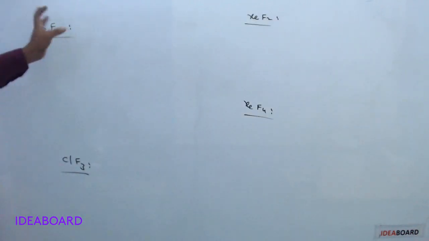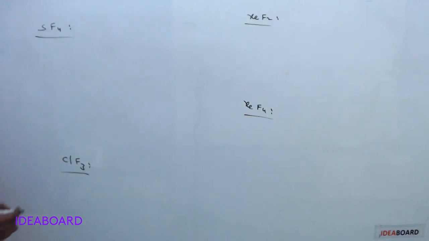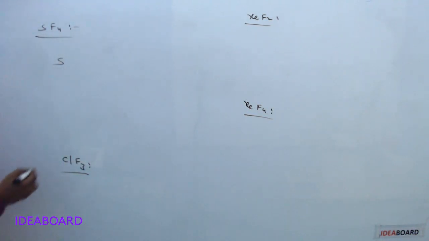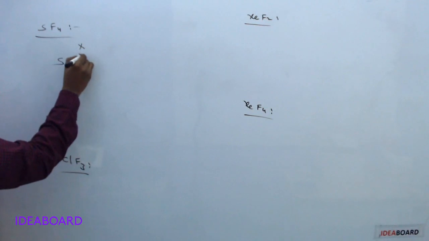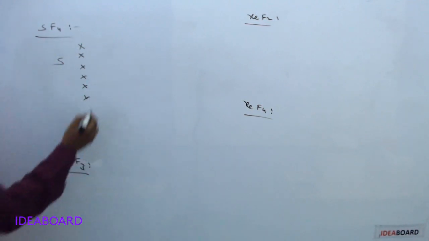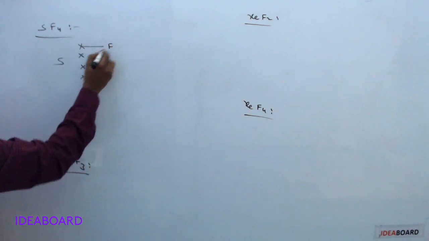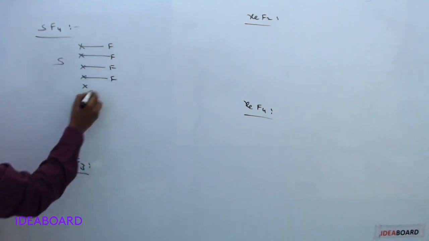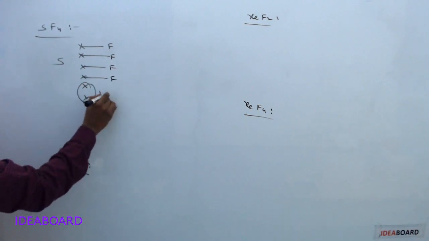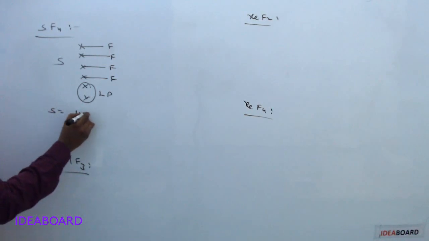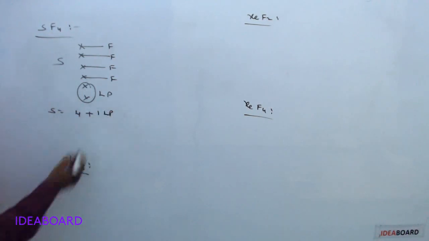So we will explain these molecules and we will conclude VSEPR theory. SF4 molecule: sulfur is a sixth group element, so 6 electrons are present in the valence shell. So one fluorine atom, second fluorine, third fluorine, fourth fluorine, and there is a lone pair. So the steric number is equal to 4 sigma bonds plus 1 lone pair.